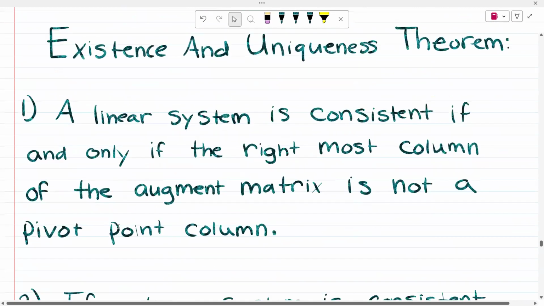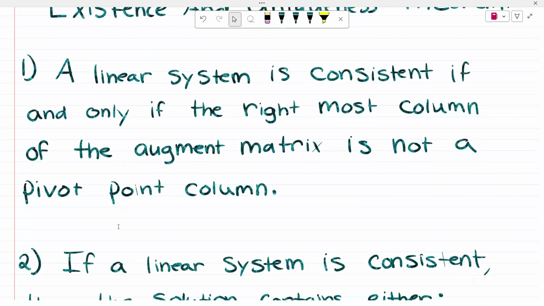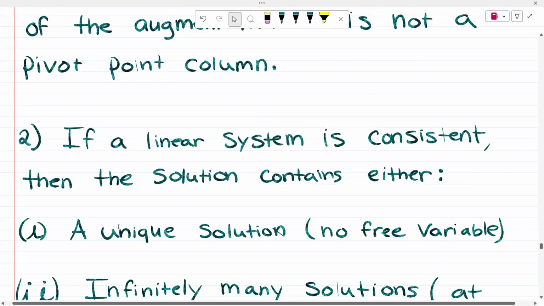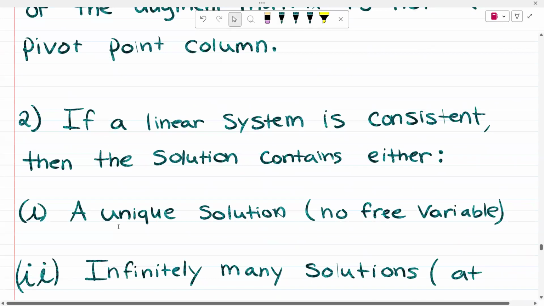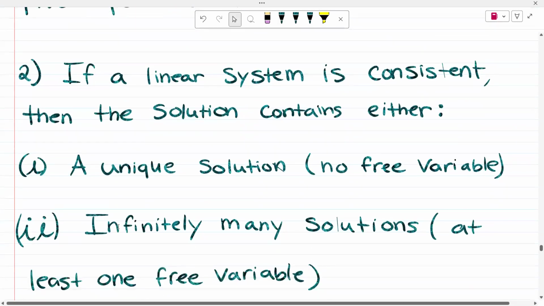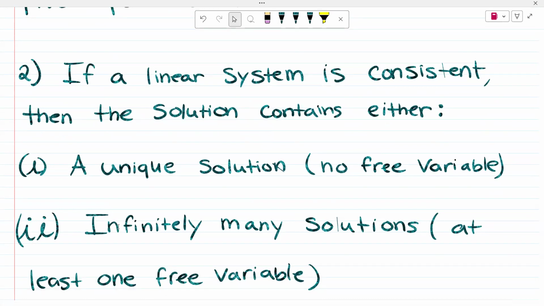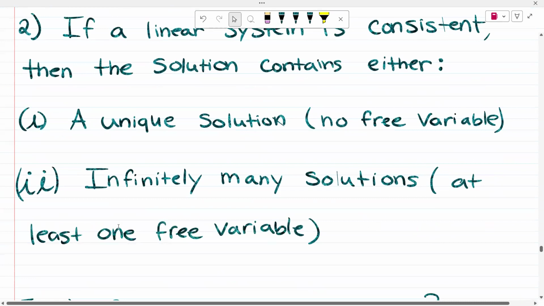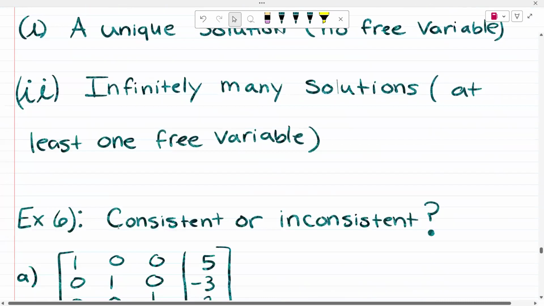A linear system is consistent if and only if the rightmost column of the augmented matrix is not a pivot column. If a linear system is consistent, then the solution contains either one, a unique solution, no free variables, or two, infinitely many solutions, at least one free variable.